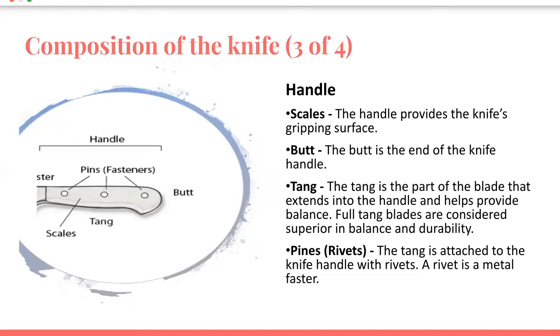So the important thing about the handle is the size. If you use a knife that doesn't fit your hand well, you can easily get tired. Also, the handle should always be dry when you are working. A handle slipping out of your hand can make a dangerous situation.